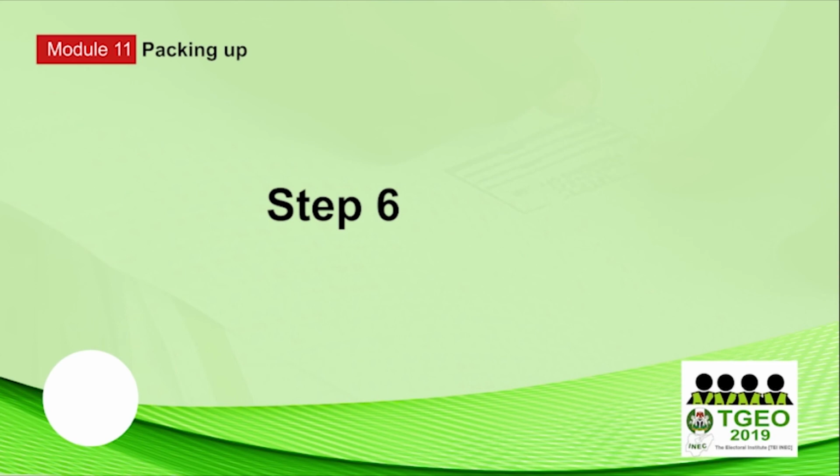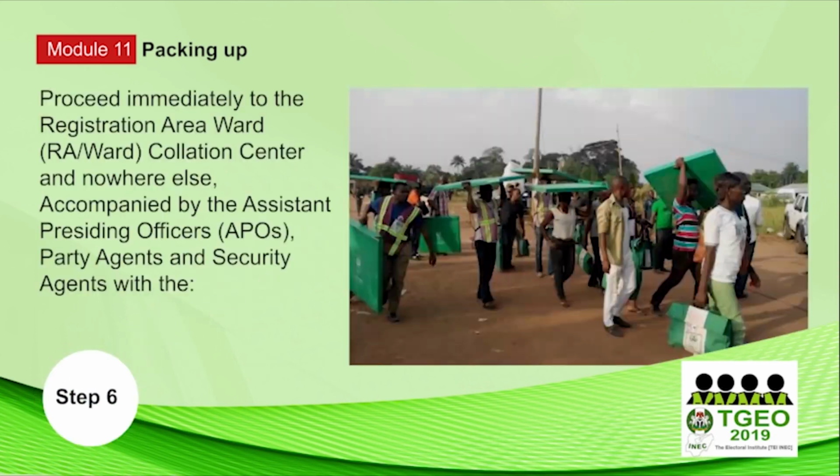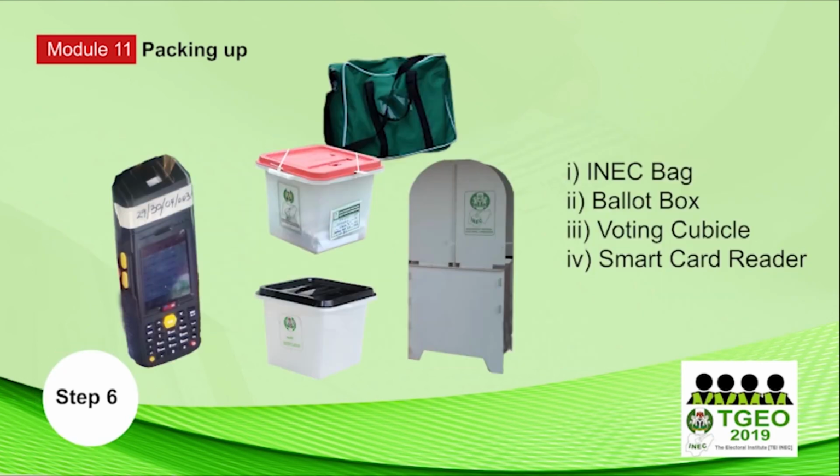Step 6. Proceed immediately to the Registration Area (RA) Ward Collation Center and nowhere else, accompanied by the Assistant Presiding Officers (APOs), party agents and security agents with the INEC bag, ballot box, voting cubicle and smart card reader.